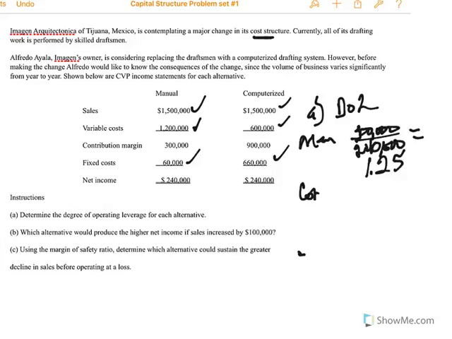For computerized, it would be the contribution margin of 900,000 divided by the profit of 240,000.